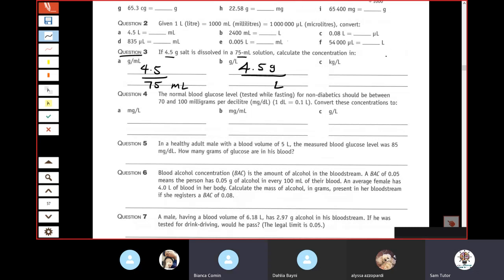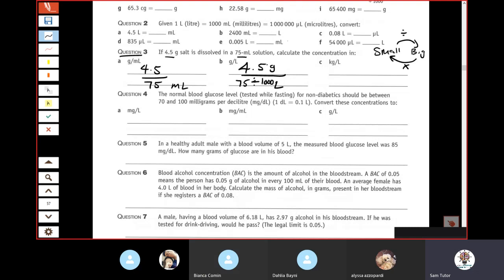If you've forgotten that, if you're going from a small unit to a big unit, small, big, you would divide. Is it divide by 1,000? It is. So it's going to be 75 divided by 1,000.